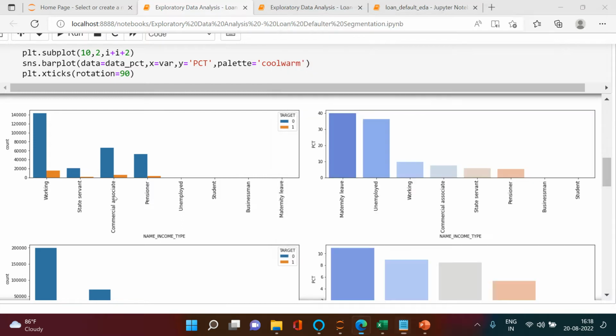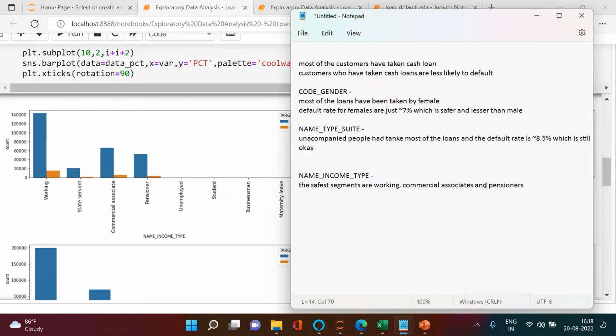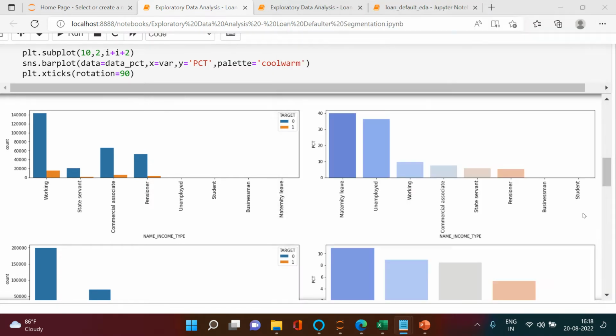They are the safest ones, because they are the ones taking most of the loans and their default rate is also low compared to all the others, right? So this is a very good segment to target for giving the loan. Further, if you want, you can do a bivariate analysis using the loan type on this particular variable and see what sort of loan fits well to these customers.